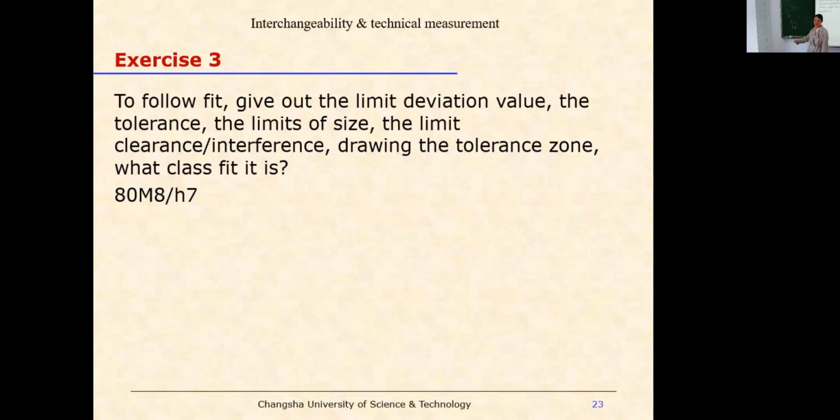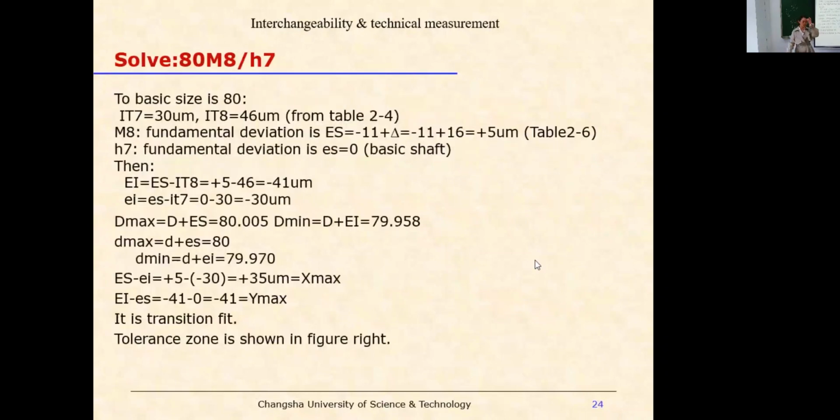Okay, you have already finished that. First you find IT7, the tolerance grade, which is 30, and IT8 is 46 from table 2.4, right? Find that one.